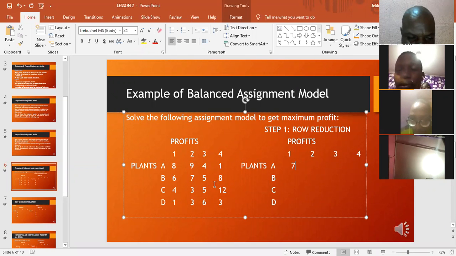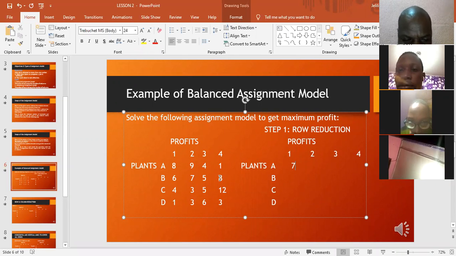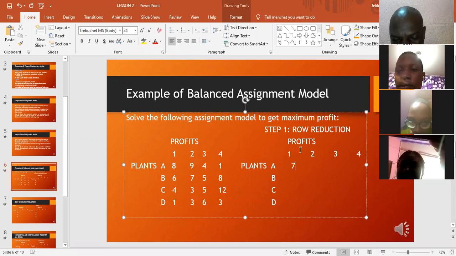What I'm saying is this. This is our first row, 8, 9, 4, 1. And this is the second row, 6, 7, 5, 8. In the first row, the smallest unit is 1. So we have to minus 1 from 8, from 9, and 4. So we call it row reduction. So 8 minus 1 gives us what? 7.